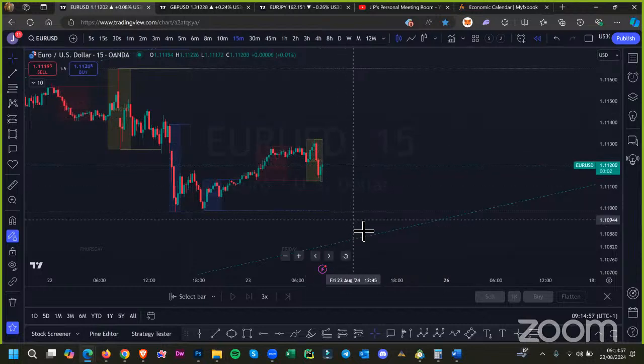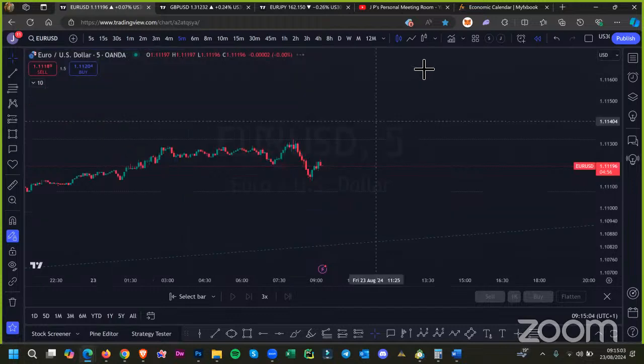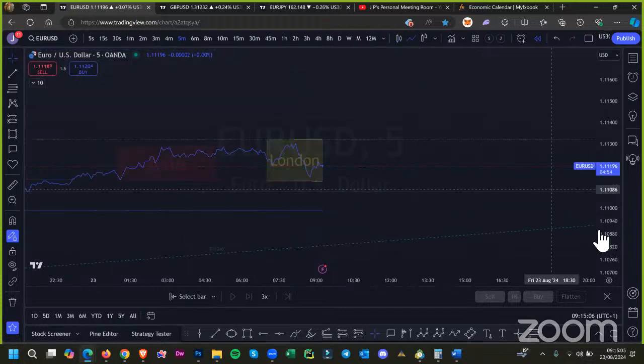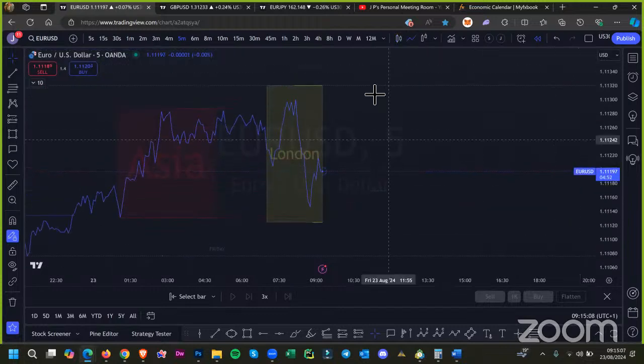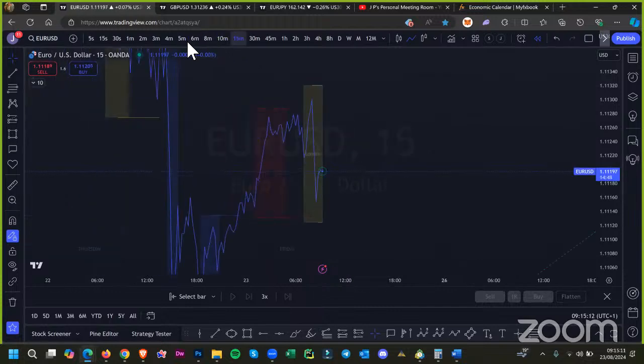So that little buy that we just took, even though it's going backwards doing the moonwalk, could be tapping into, if I go and look on a 5-minute time frame for argument's sake, some sort of level in here. So let's go 5 minutes, 10 minute, 15 minute, 3 minute.